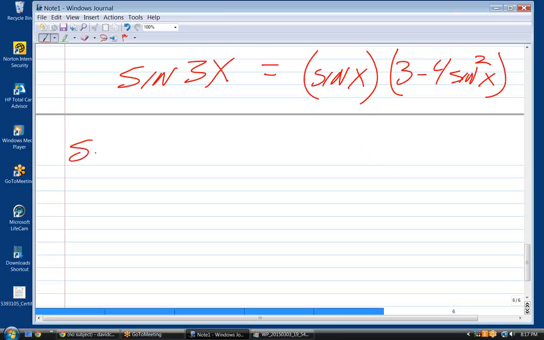Well, let's see. The sine of 3x could be the sine of 2x plus x.